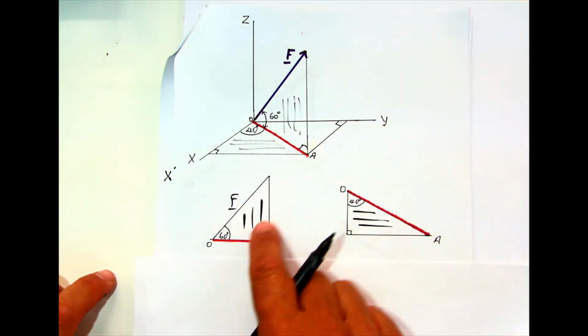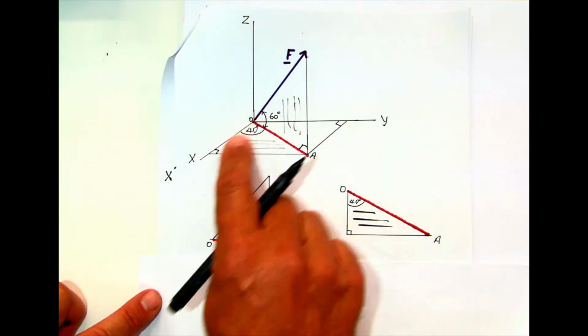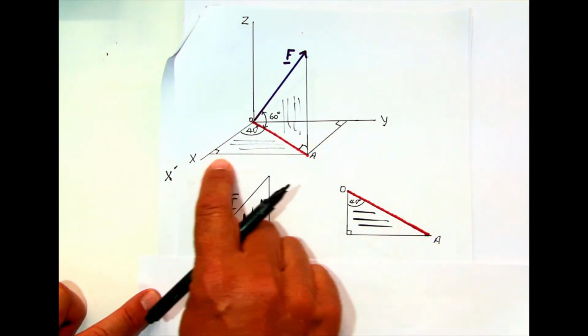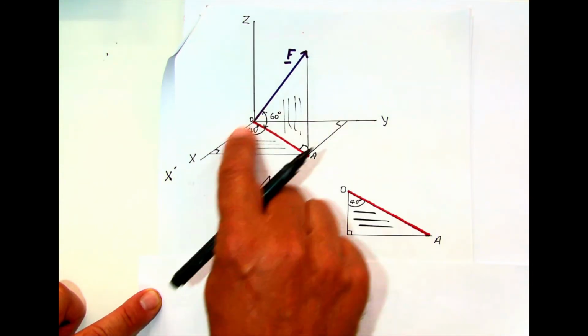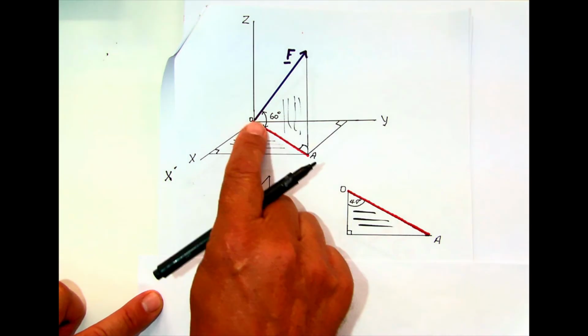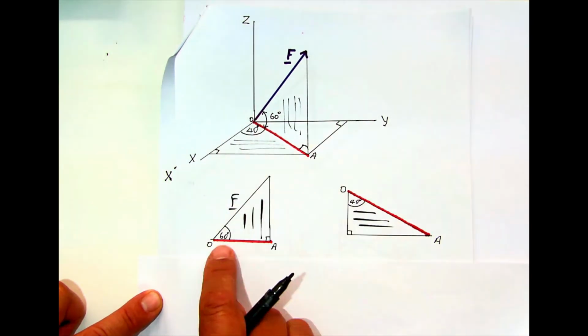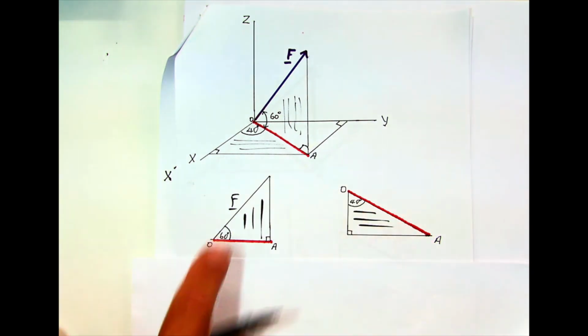So you get this triangle, and then this triangle here, 40 degrees, then 90 over here, because this is parallel to that. So this is parallel to the y-axis, and this is the x-axis. You get a 90 degrees here. And then that line there is the base of this triangle, and is the hypotenuse of that triangle.